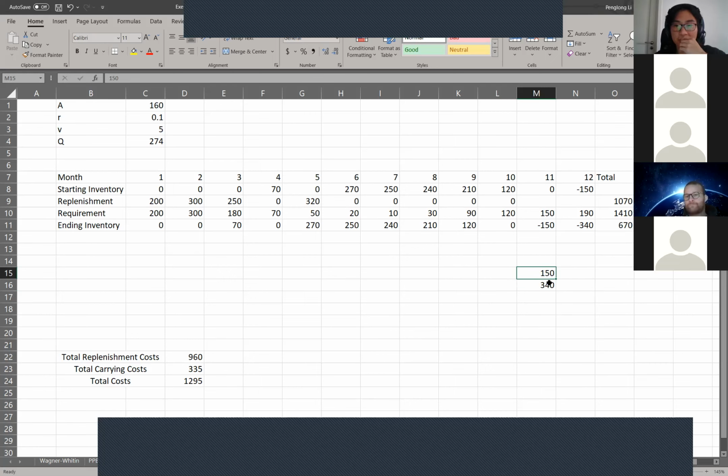So it's closer to our number here. That's why we put this in. And you see the numbers are checking, which means we satisfied the whole demand.